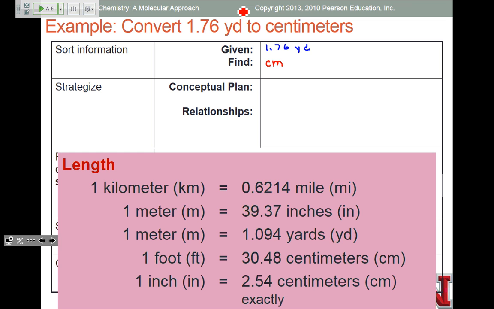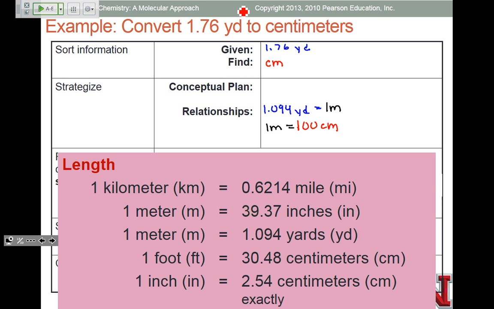Again, you don't necessarily have to memorize these. I would give them to you if they're important. But looking at this table, I see that I don't have a conversion directly from yards to centimeters, but I do have a conversion that 1.094 yards equals 1 meter, and I know that 1 meter equals 100 centimeters.